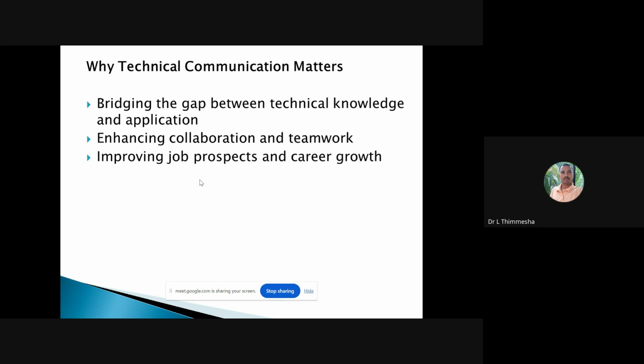This is the very general statement which I have been listening to for the last 12 or 13 years after joining government engineering colleges.